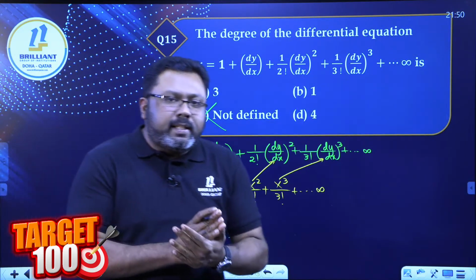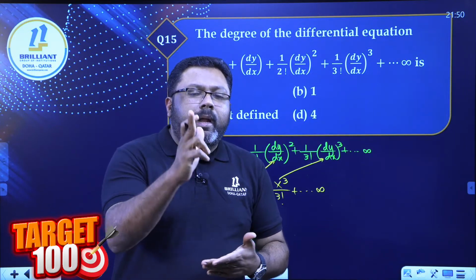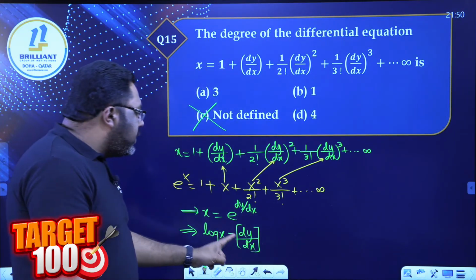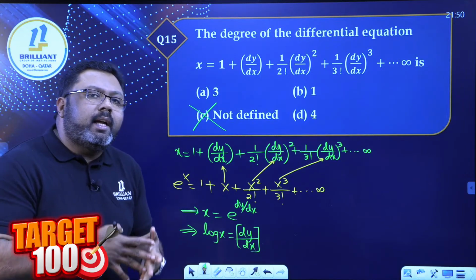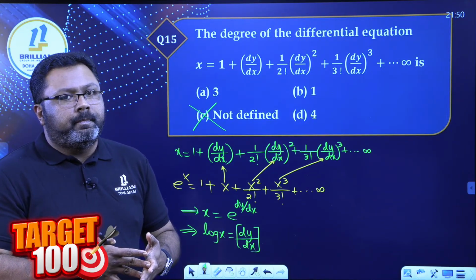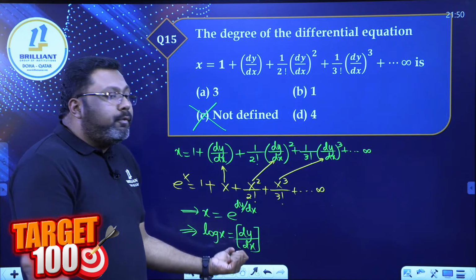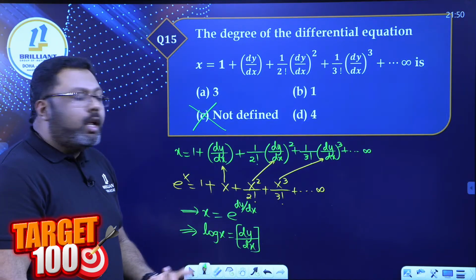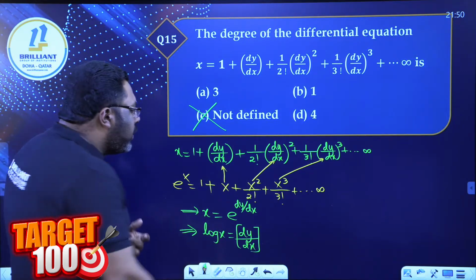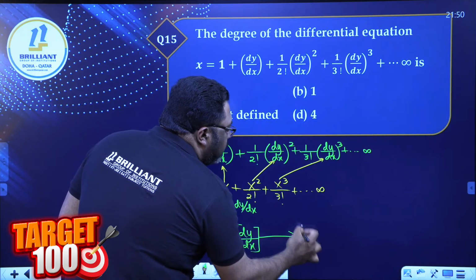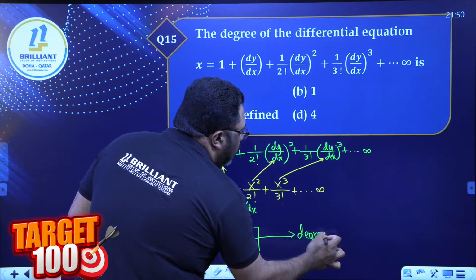My problem arises for degree if my differential coefficient, that is dy by dx, is inside a non-polynomial function. But my dy by dx is free of any non-polynomial function. Log x is sitting on the left side. So I can say from this that my degree is 1.